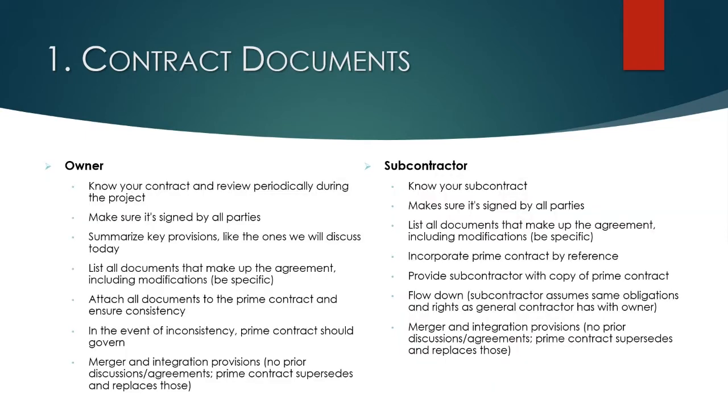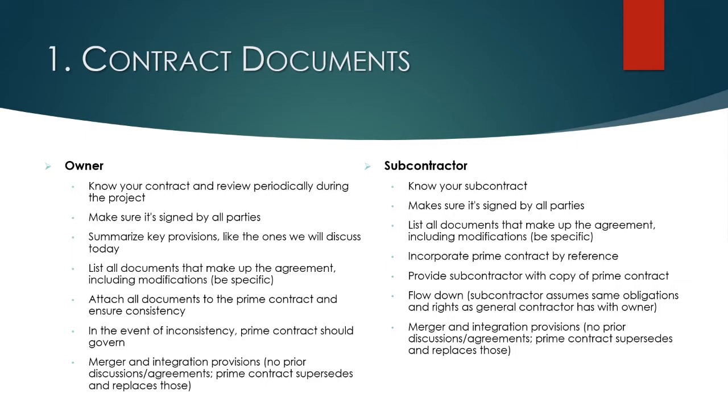Keep in mind that ambiguities are going to be construed against the drafter, and there are certain ways that you can deal with that in a contract by having the right contractual provisions to make it neutral and that it's not construed against the drafter.